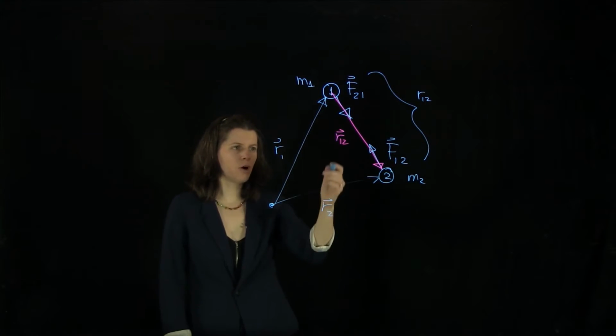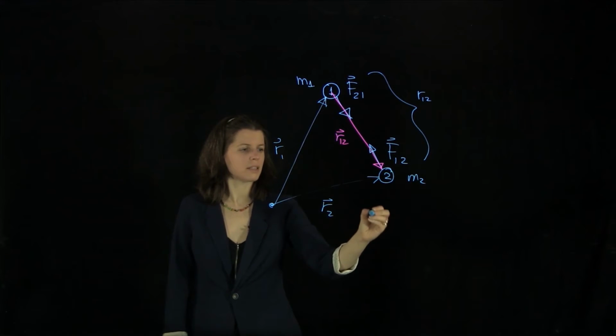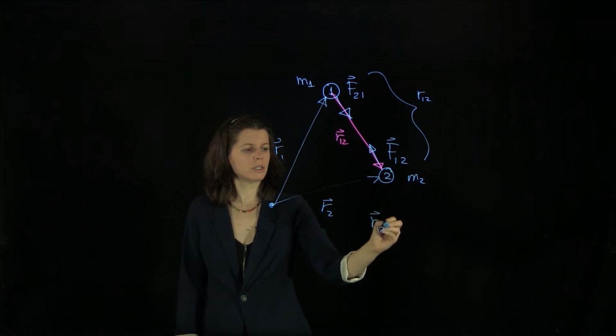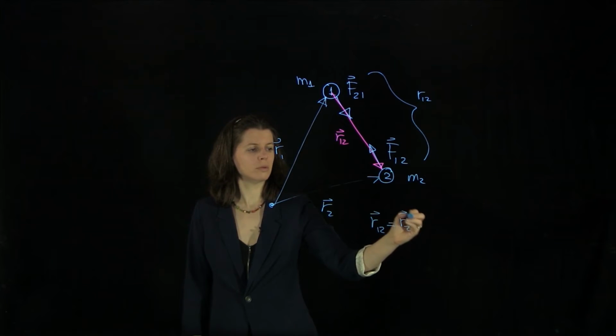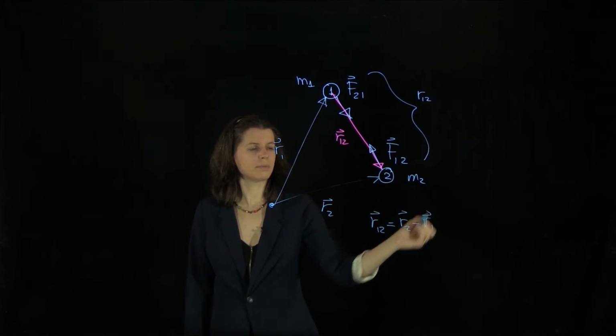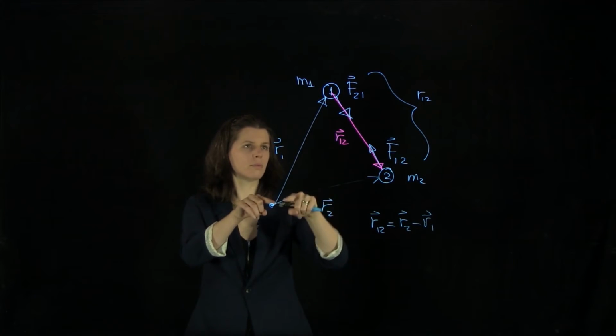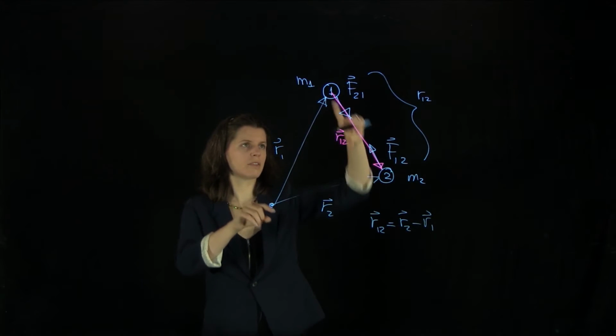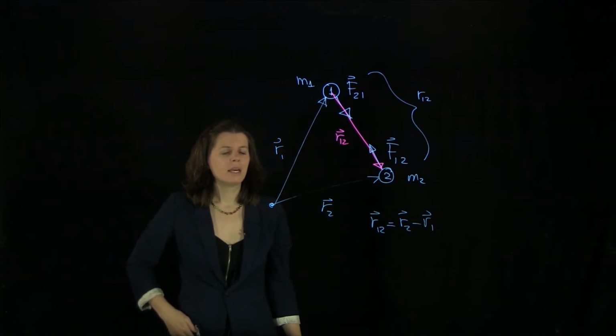And actually we know from vector decomposition that R12 equals R2 minus R1. So just this minus this gives us this distance here.